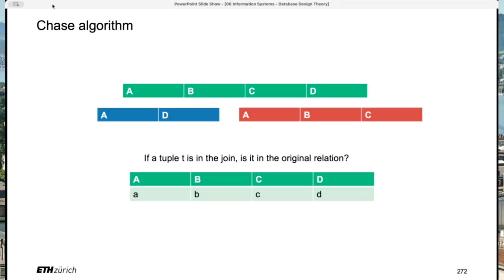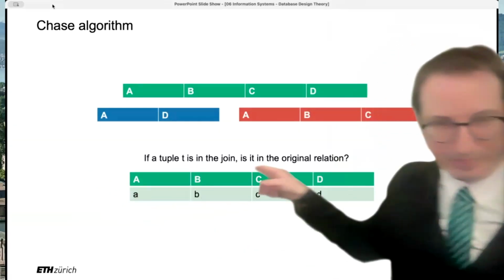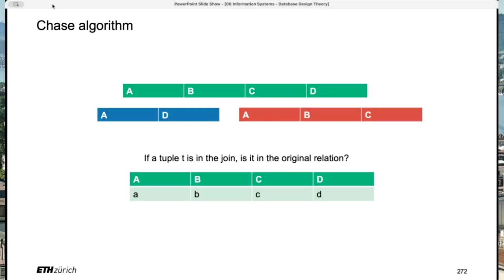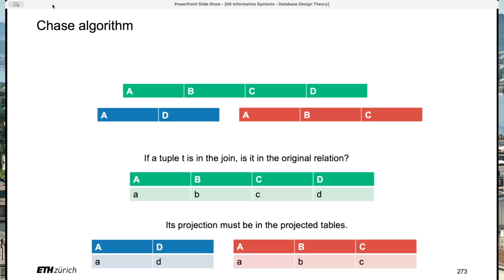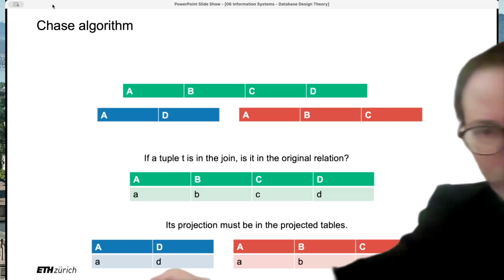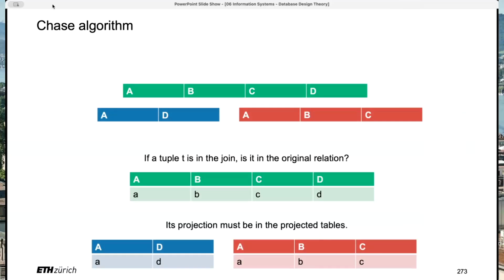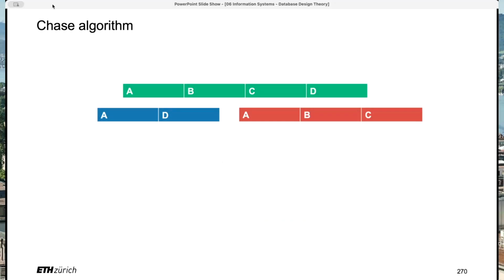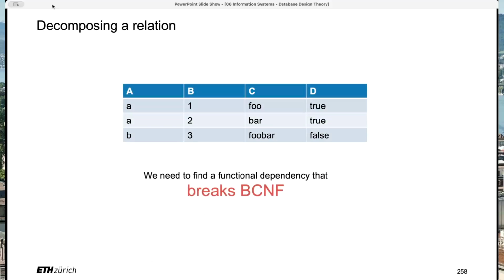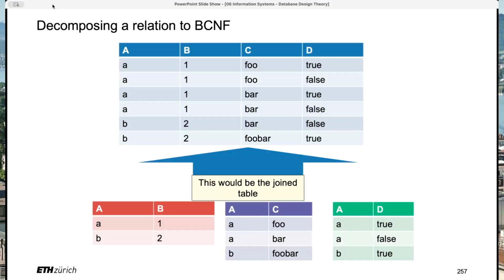Basically, we have this tuple in the join. And I'm asking, is it a ghost tuple that appeared out of nowhere, or was it really in the original table? If it was in the join, then it must have originated from here and here. I can even show you on the original slide, just so that it's a bit less abstract.